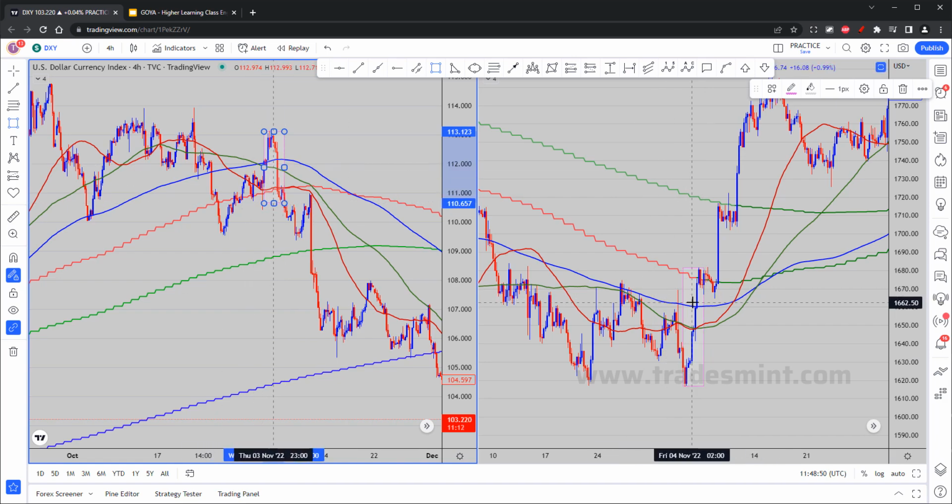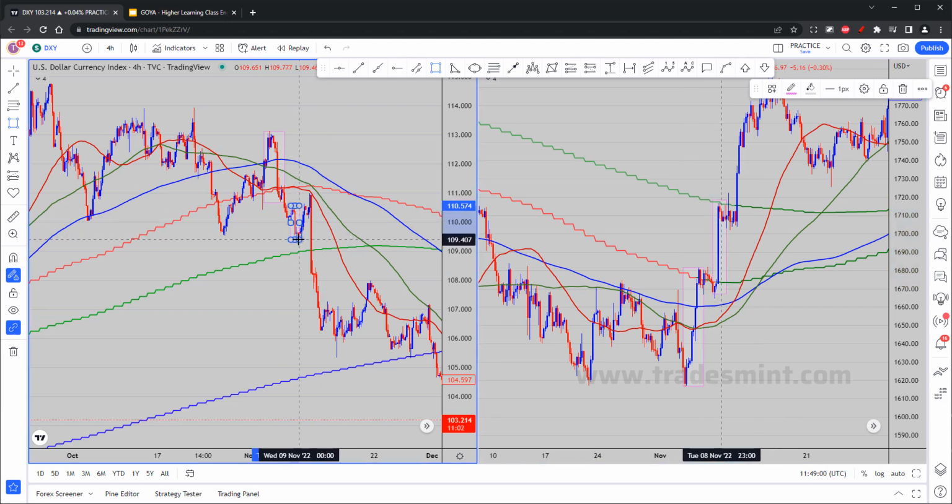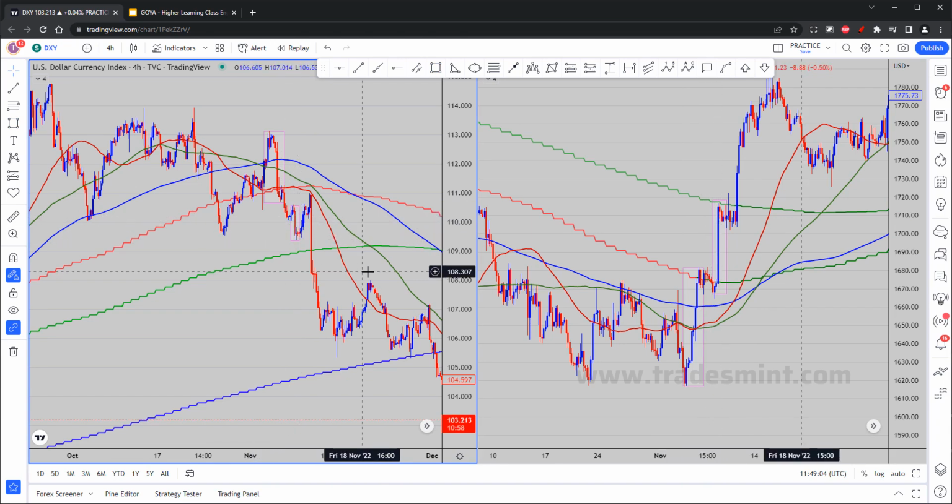So this is correlated, great, okay? Then from here to here, we have a bullish reaction, but DXY is correlated, it's bearish, but the movement is very minimal. So here you can also use the strength of the response on the DXY to understand what's going on and have extra information.